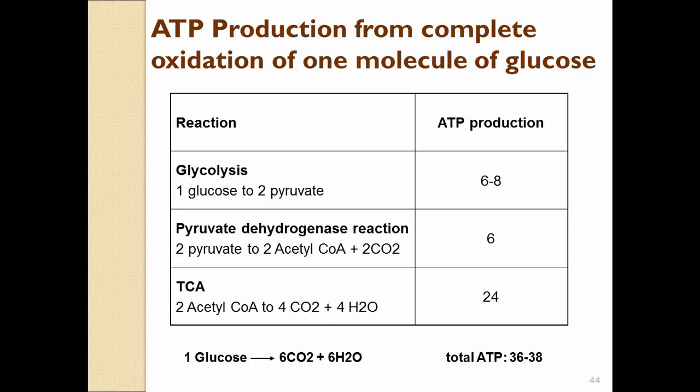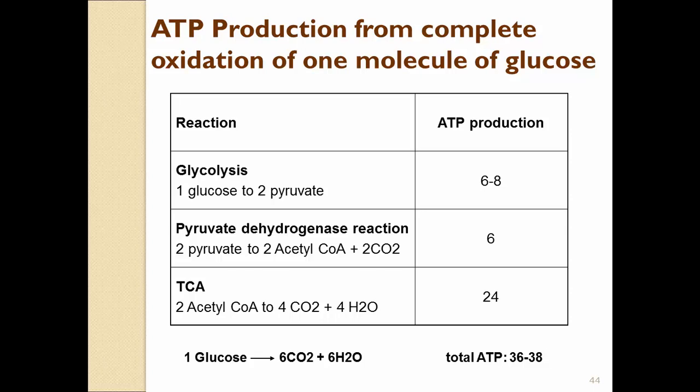One is from substrate level phosphorylation, and 1 FADH2, 3 NADH. So calculate how many ATPs total per one TCA cycle. How many ATPs produced? 12, yes.